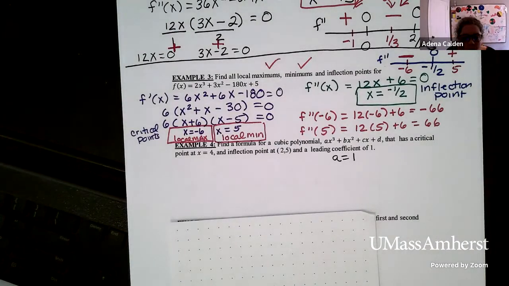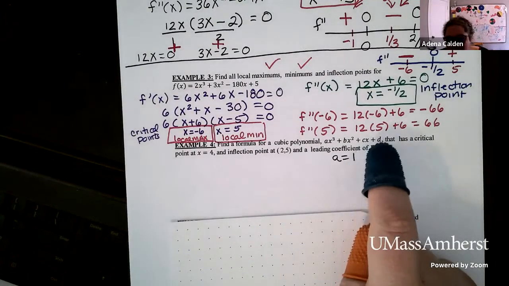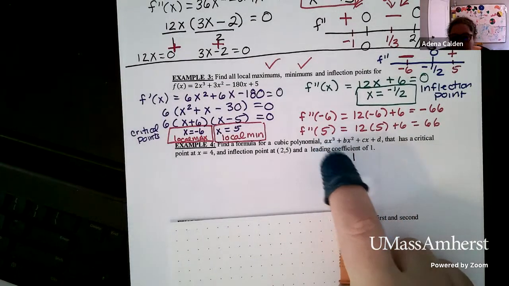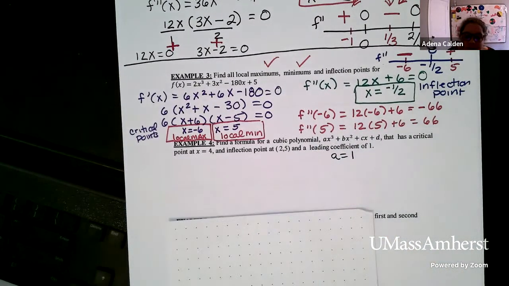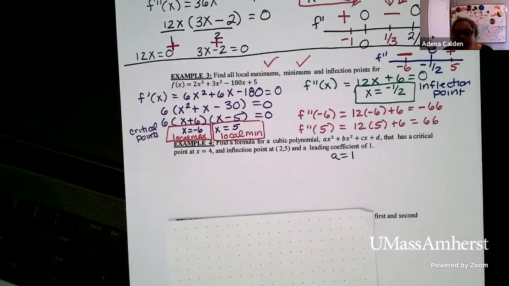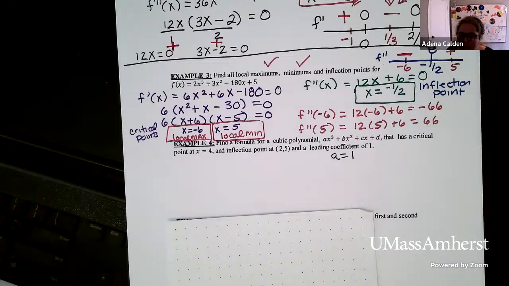Okay, so what I want you to do is find the first and second derivative of this function in general. You can plug in the 1 for a. And then once you have the first and second derivative, think about how you can use this other information to try to solve for b, c, and d. Okay, so I'm going to give you about 3 minutes to try it out.